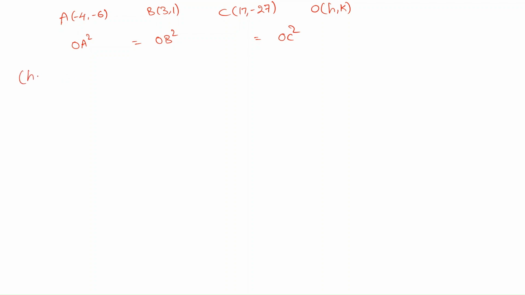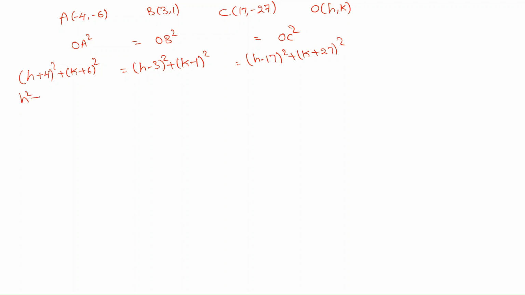This gives h minus of minus 4, that is h plus 4 whole square, plus k minus of minus 6, that is k plus 6 whole square, is equal to h minus 3 whole square plus k minus 1 whole square, is equal to h minus 17 whole square plus k minus of minus 27, that is k plus 27 whole square. Now we'll simplify this.